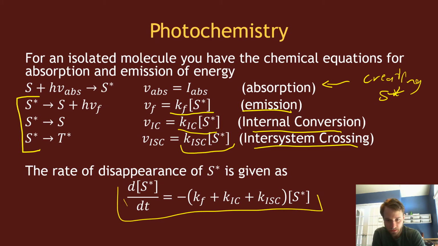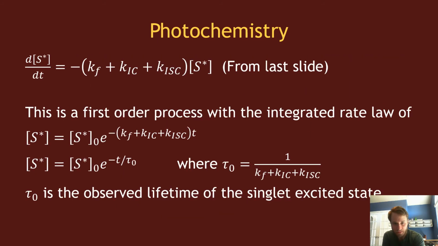It's just the sum of all these first order processes, which basically means you can just add up those rate constants. And so that gives you a first order kinetics problem, where we have this integrated rate law: the concentration of that singlet excited state is its initial concentration times e to the minus t divided by tau naught, where tau naught is 1 over the sum of these rate constants.